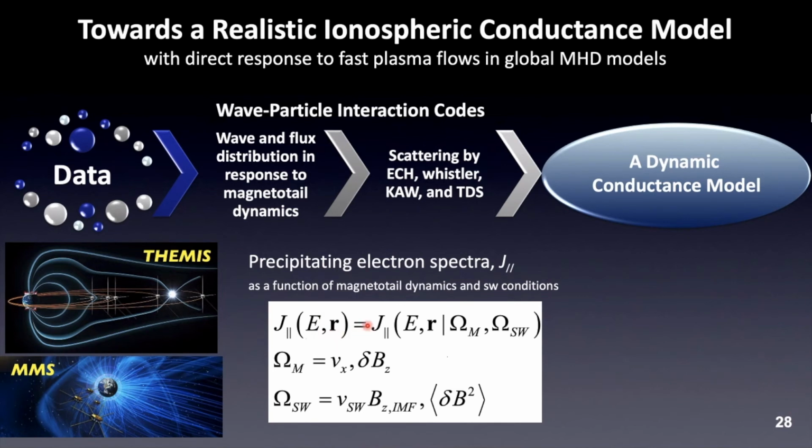And we will parameterize this precipitating flux as a function of the magnetospheric activity level in the conjugate magnetosphere, and also by the turbulence level and the IMF electric field in the solar wind. Let me briefly talk about the advantages of these two parameters.